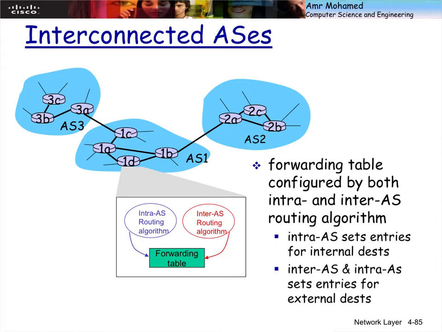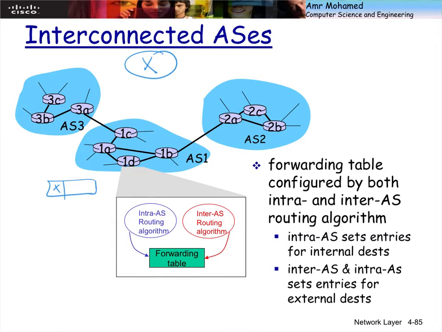And they also have some entries from the inter-autonomous system routing protocol like border gateway protocol, right? Why? Because 1D needs to know that in order to go to a destination X, okay, so 1D is a router, right? This router receives a packet with destination X, okay? How do I send this packet? I need to know, right?